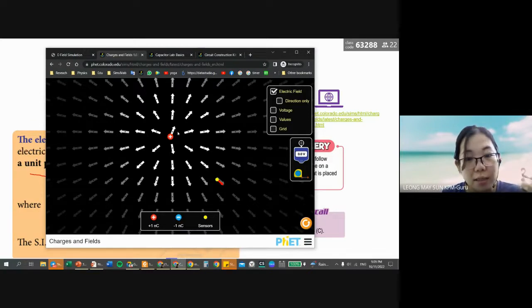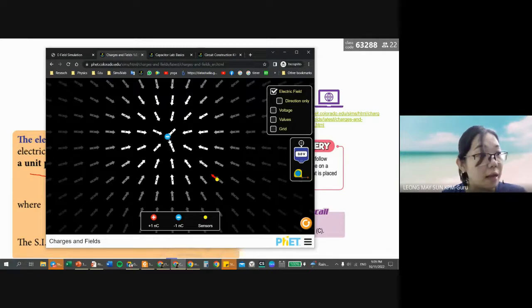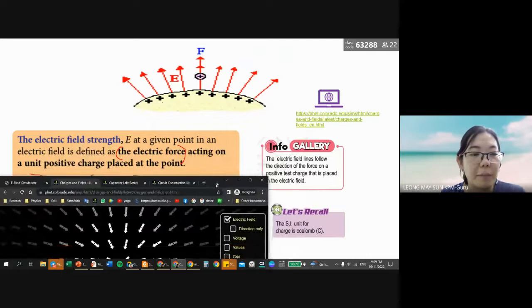When it is a negative charge, the electric field lines move towards the negative charge. This is a positive test charge, again because the definition uses a unit positive charge.